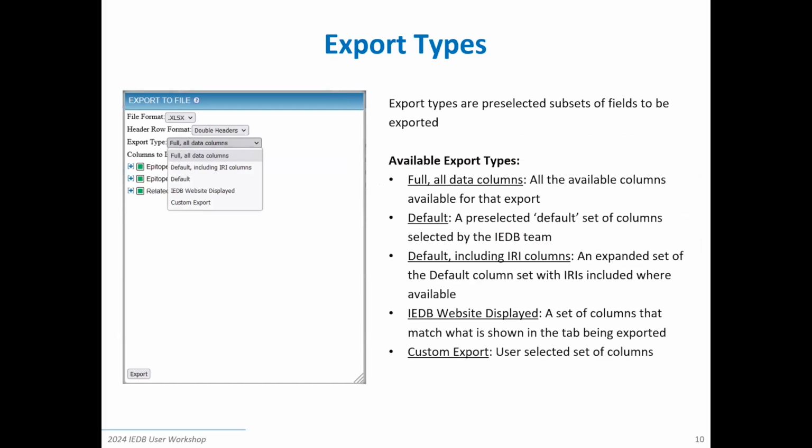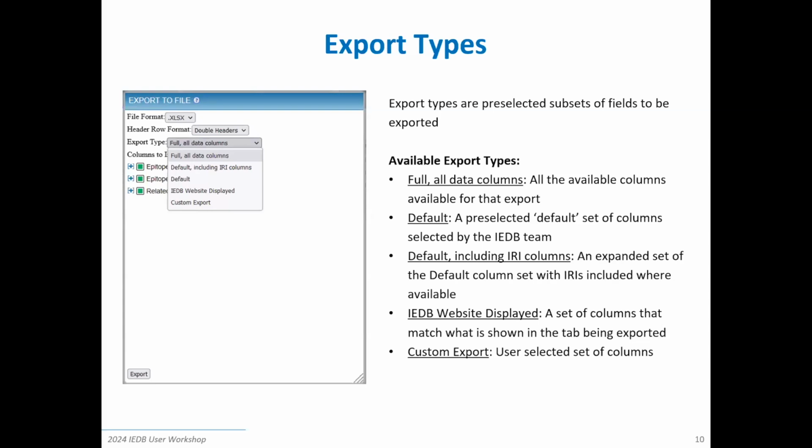Previously we had predetermined subsets, but now you can choose these to quickly get a subset of data that we consider the default or the basic downloads. We have the option of the full, which is all the data rows.